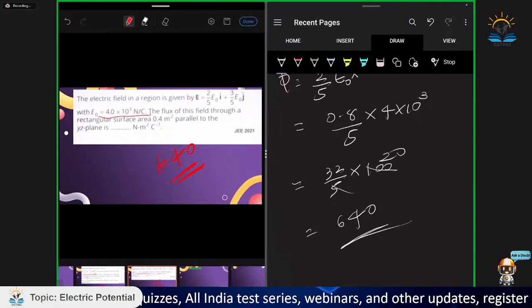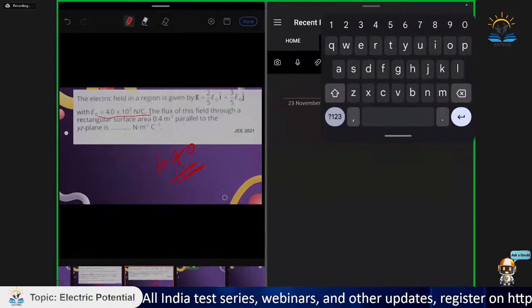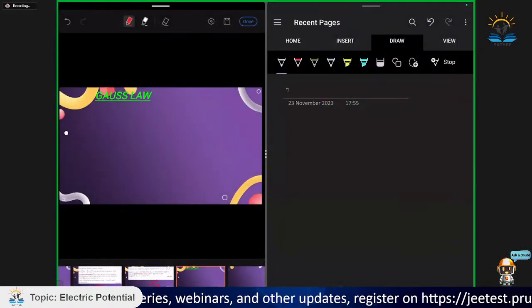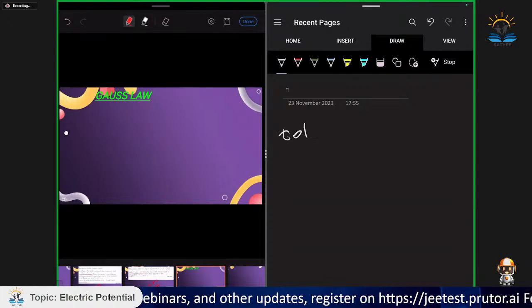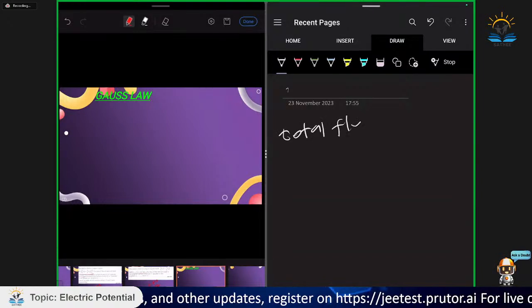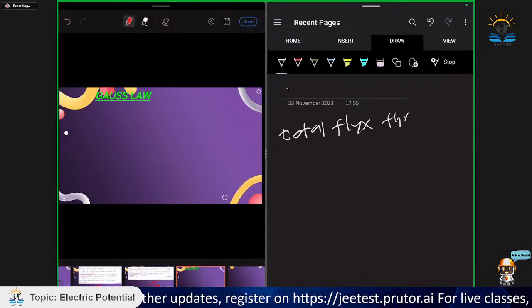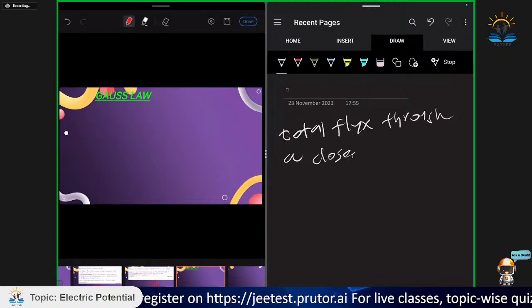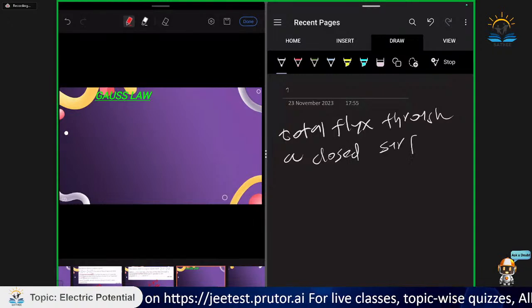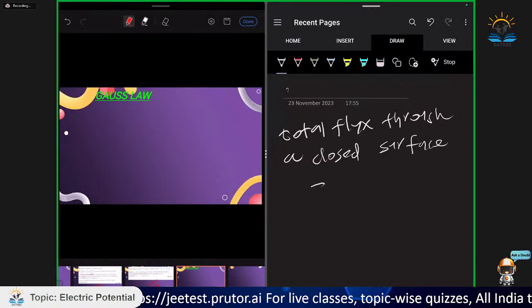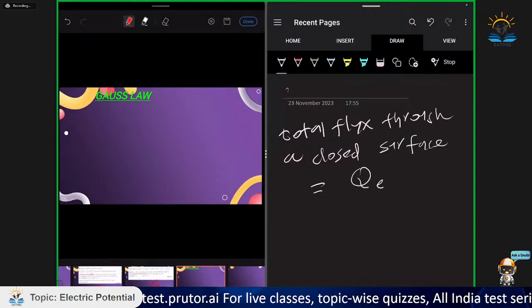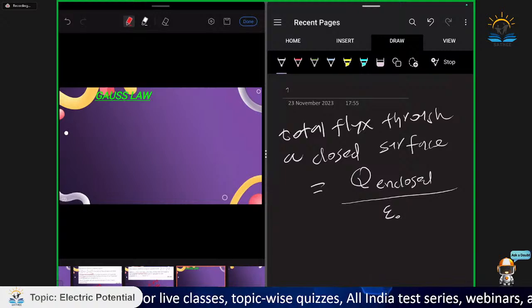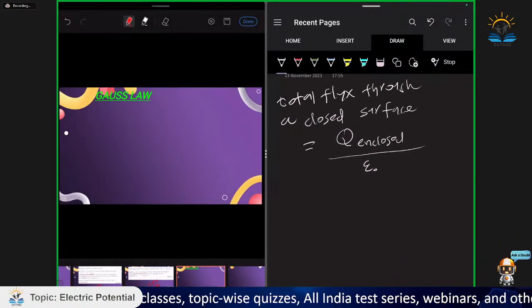Next is our Gauss law. Gauss law simply says that the total flux through a closed surface, very important, is equal to the charge enclosed divided by epsilon naught.